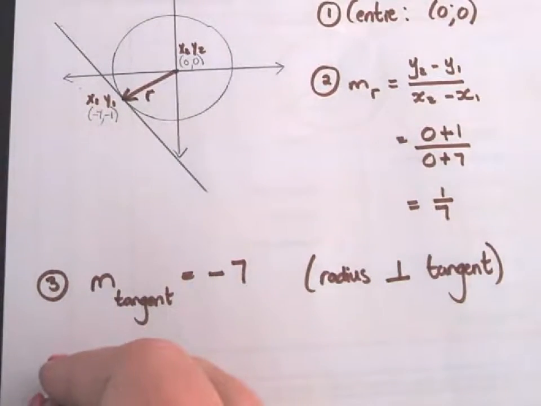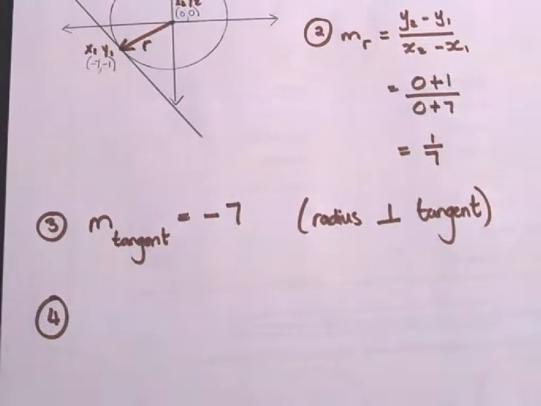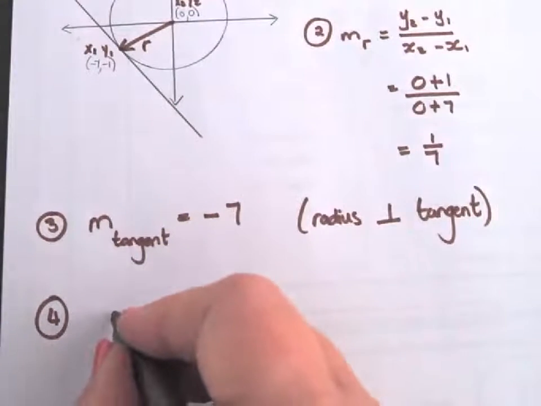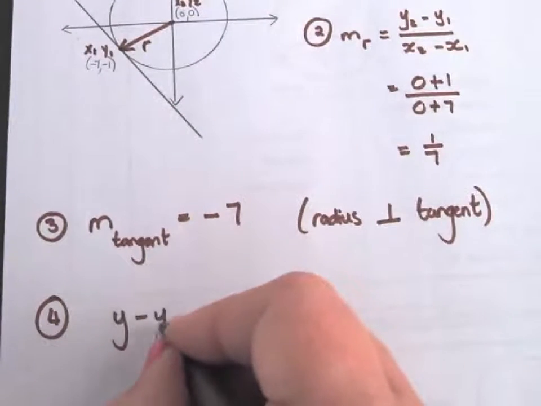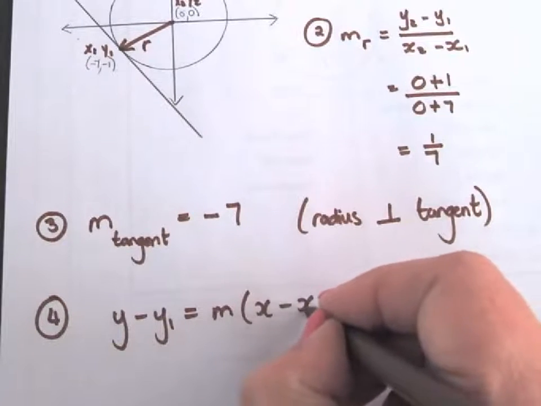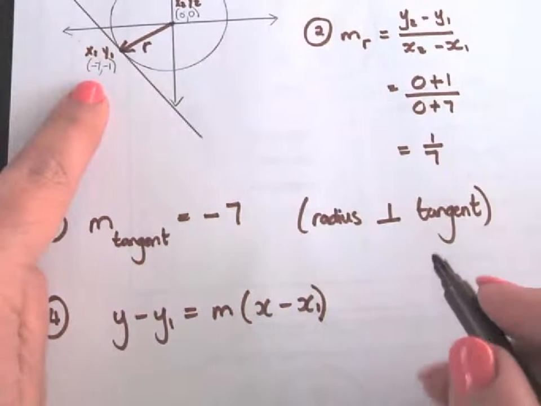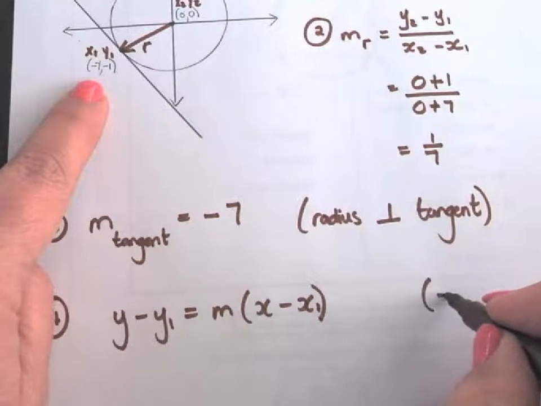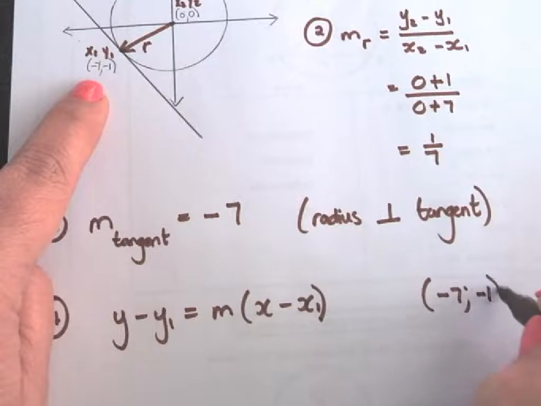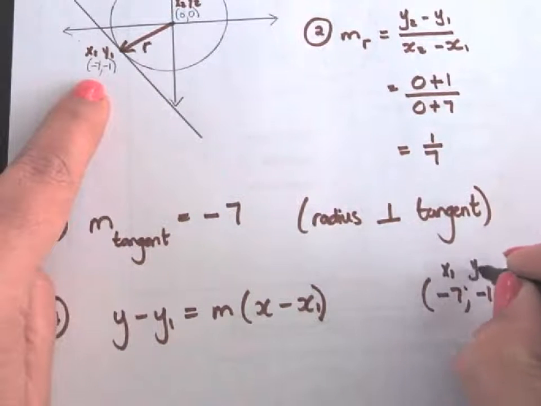And then number 4, we need to get the equation of the tangent. So we use this formula, y minus y1 equals m times x minus x1. And we're going to use this coordinate, -7, -1, as our x1 and our y1.